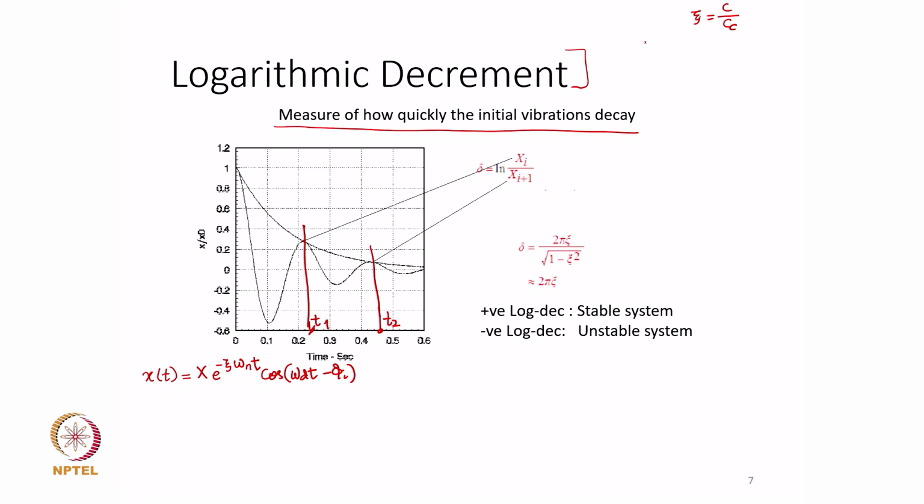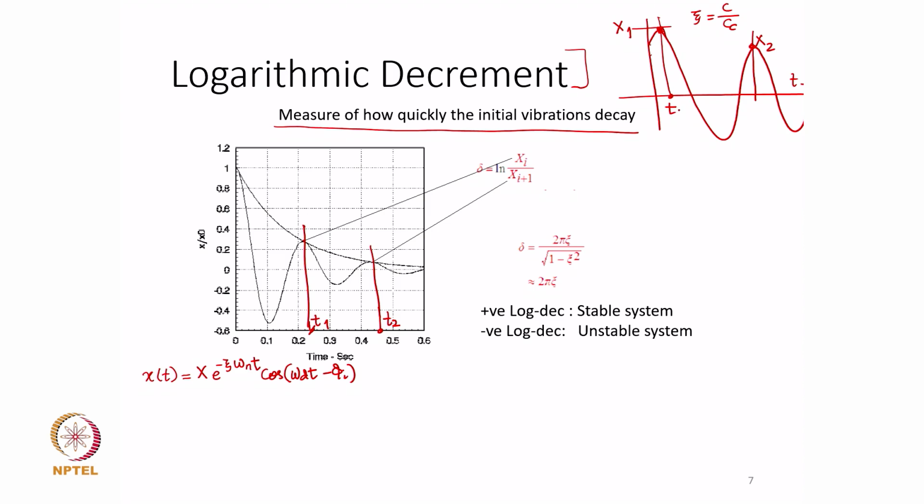So, in a damped vibratory system, if the oscillations are decaying gradually, I can say that this is my response at the start of let us say this cycle, and the response after one cycle is let us say x 2. So, I am saying that this is the response at starting time t, and you all agree that I can set this time at any location along time axis.